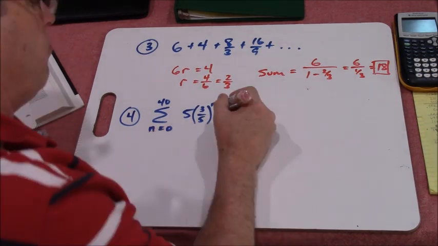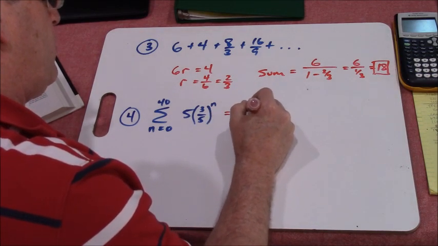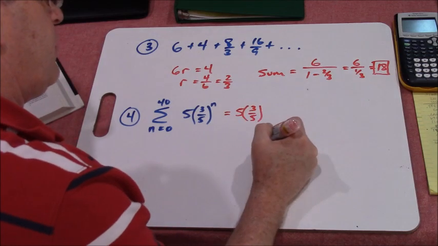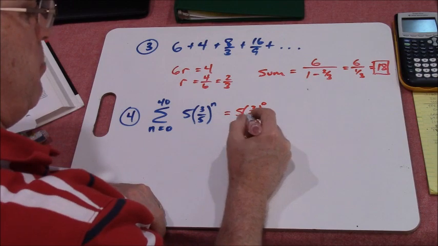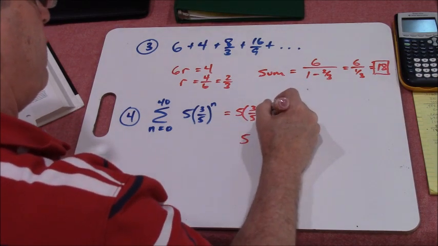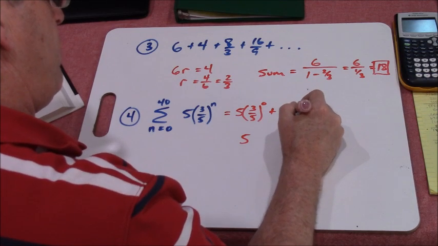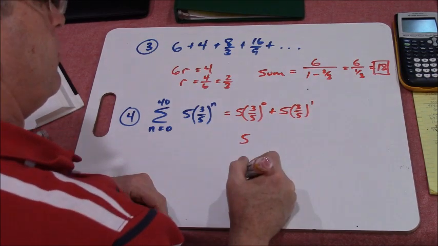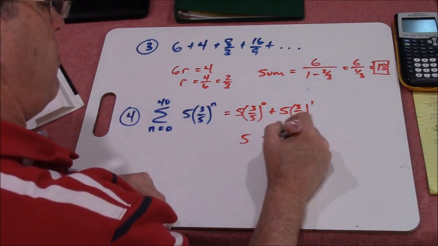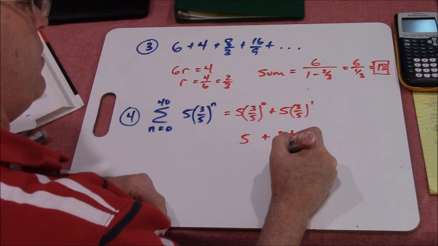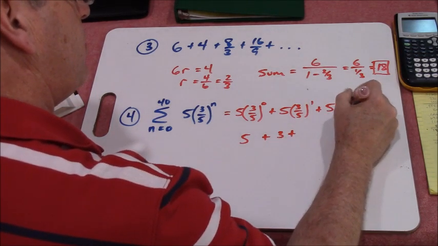Well, if I just write down the first couple terms, I've got 5 times 3/5 to the 0 power, so that's really going to become just 5, plus then I've got 5 times 3/5 to the 1 power, so 5 times 3/5, the 5s would cancel and I'd get 3, plus then I've got 5 times 3/5 to the second power.